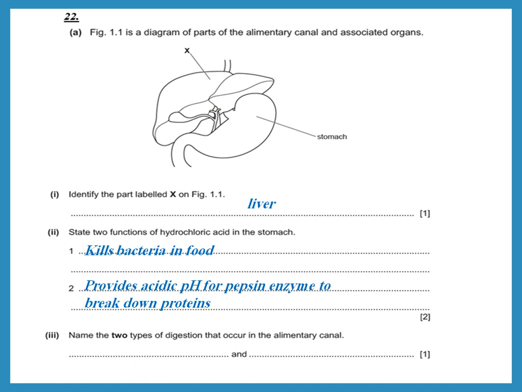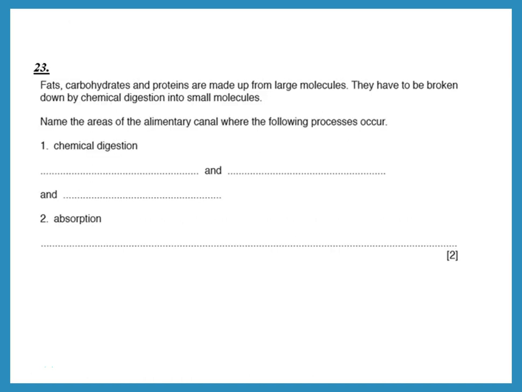Name the two types of digestion that occur. What were the two types of digestion that we talked about? Chemical digestion and mechanical digestion. Fats, carbohydrates, and proteins are made up of large molecules. They have to be broken down by chemical digestion into small molecules. Name the areas of the alimentary canal where we have chemical digestion.